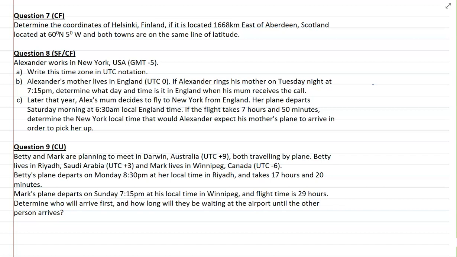Determine who will arrive first, so I'm assuming that's in Darwin, and how long they'll be waiting for until the other person arrives. So think about the advice I gave you earlier. At some stage, convert everyone's time and travel into one time zone, and then that will make it a whole heap easier. All right, give it a go, and we'll check in to see how you went with your attempt.